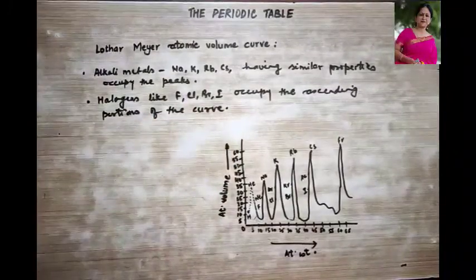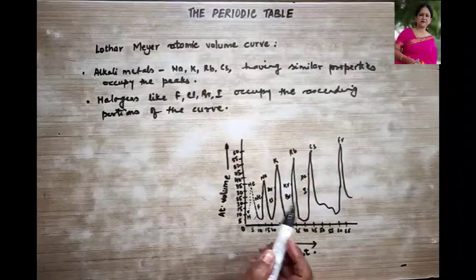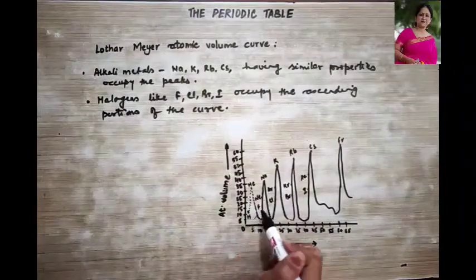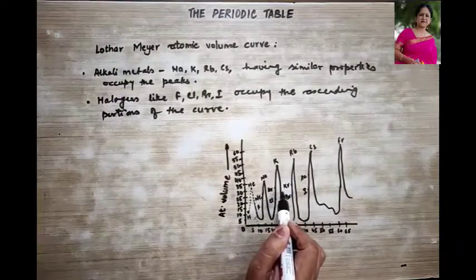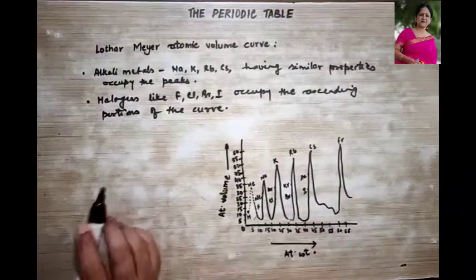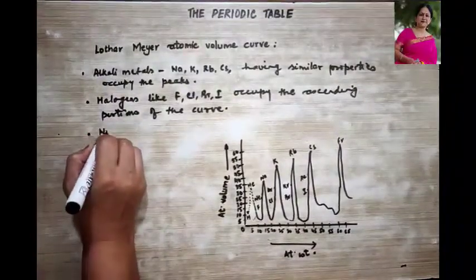Next, look at the noble gases. Where will you find the noble gases? They are also occupying a similar position on the curve to the halogens, isn't it? At the ascending portion of the curve. So this was Lothar Meyer's work.